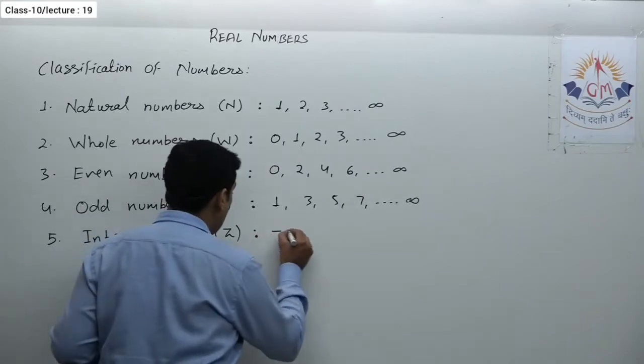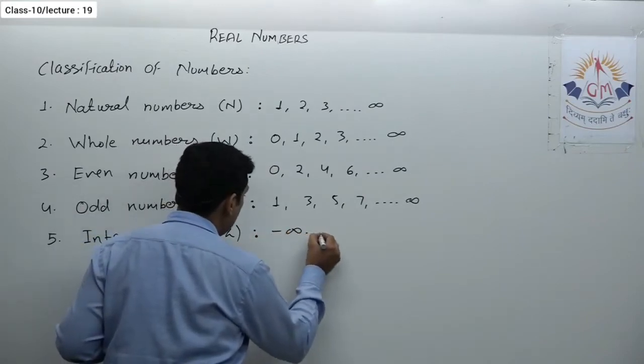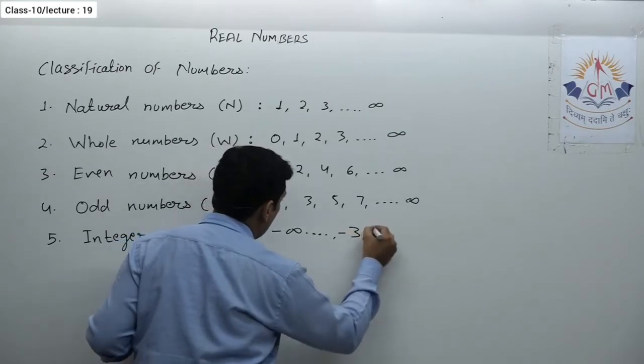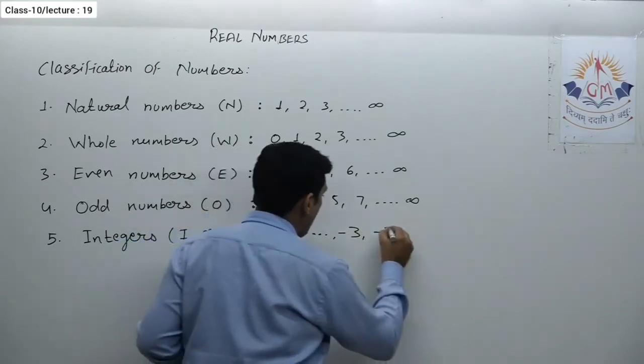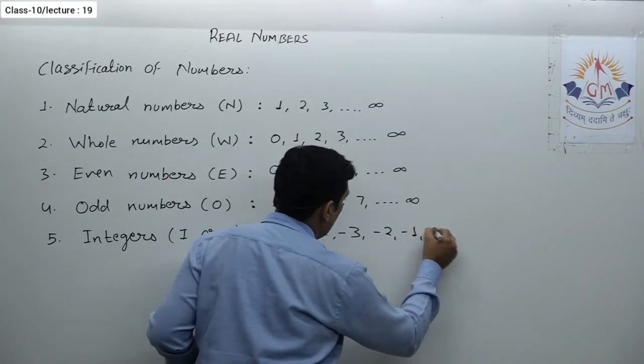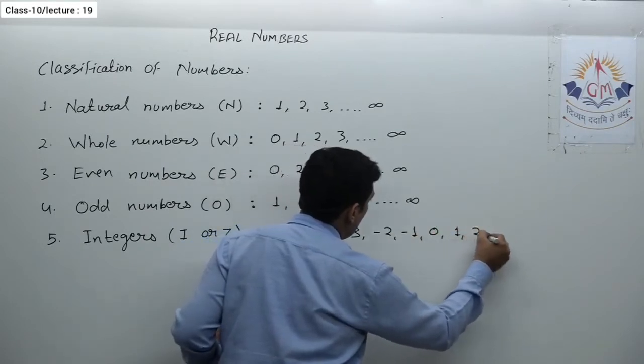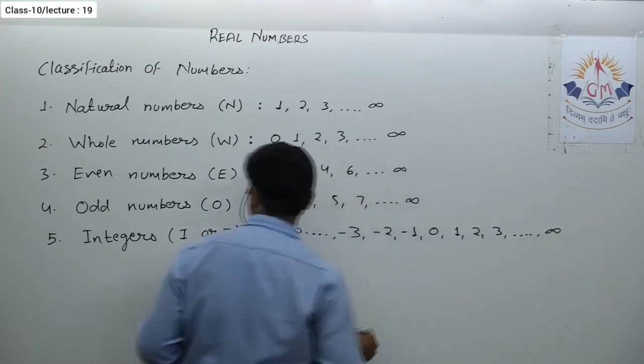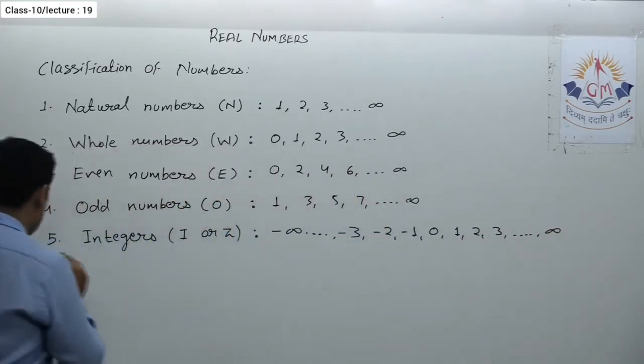So it starts from minus infinity: minus 3, minus 2, minus 1, 0, 1, 2, 3 up to infinity. So these are the integers.